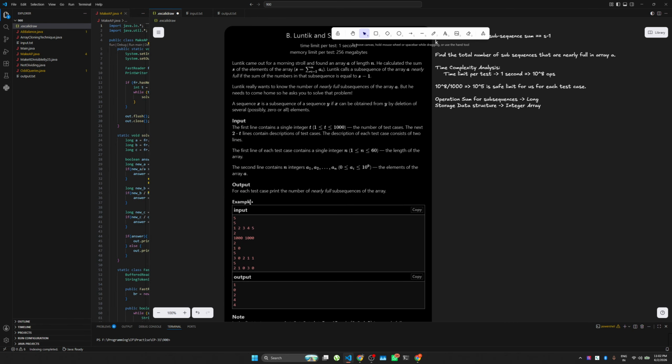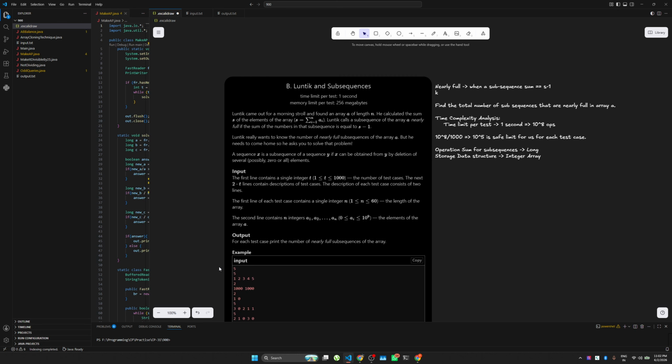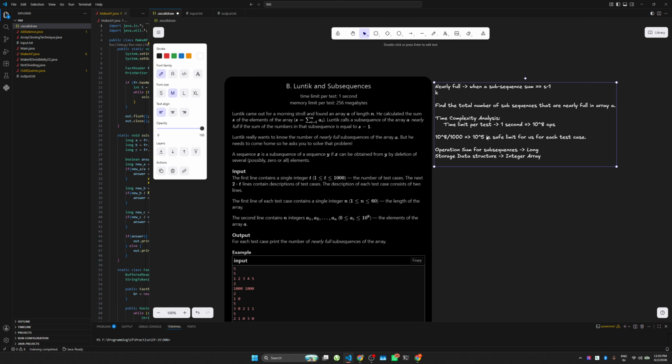Now we'll start walking through the example, shall we? Let's take a look at the example. It's also given that the total length of the array over all test cases will go up to 60, so we could add that into our calculations as well.